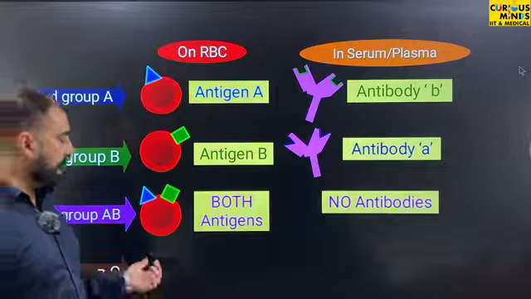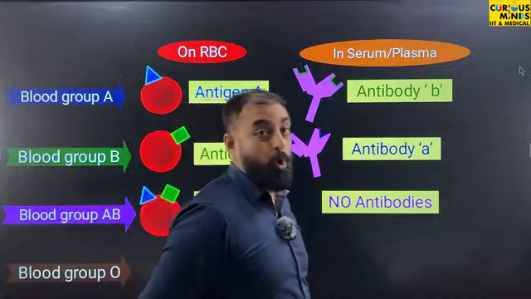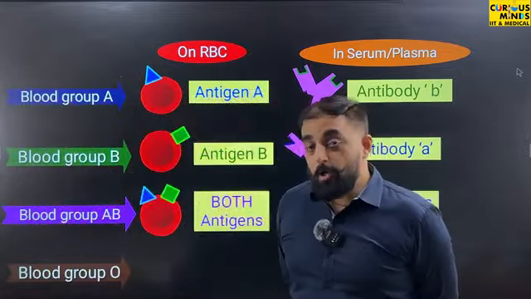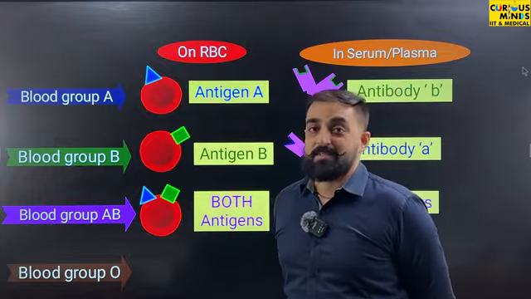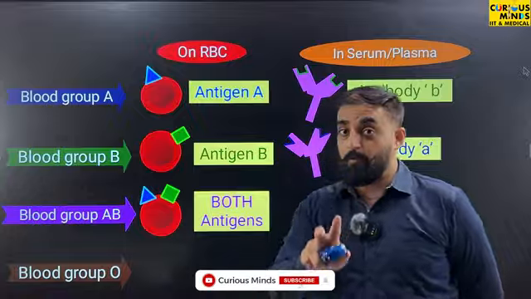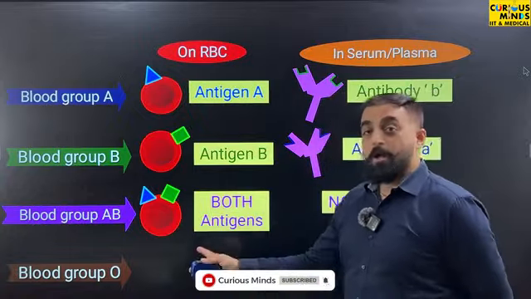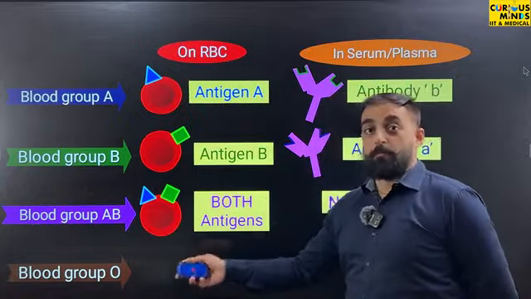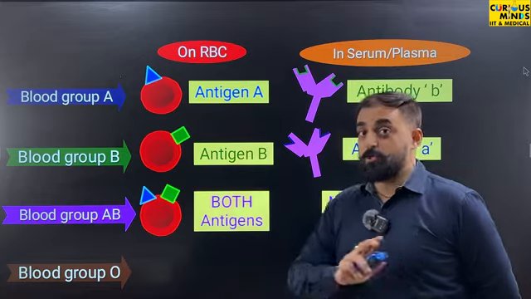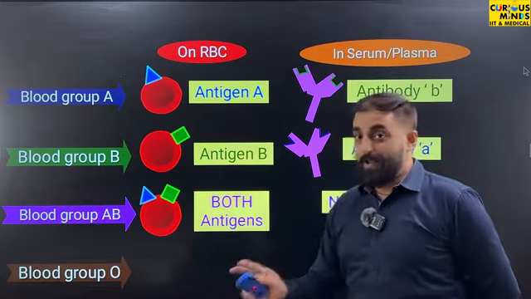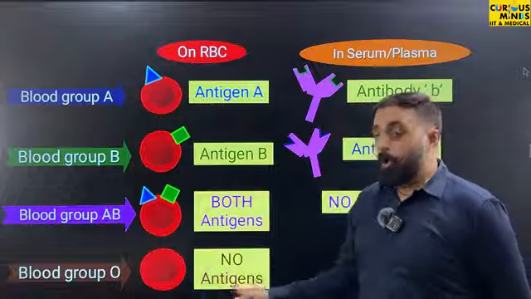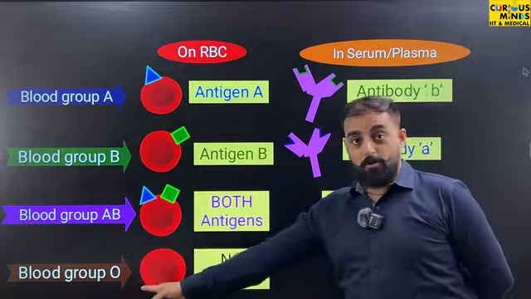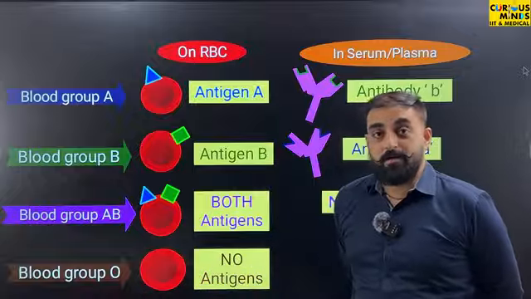Is that clear? Now we come to blood group O. Blood group O means no antigens over the RBC surface with respect to blood group. O blood group people show no A and no B antigen on their RBCs.